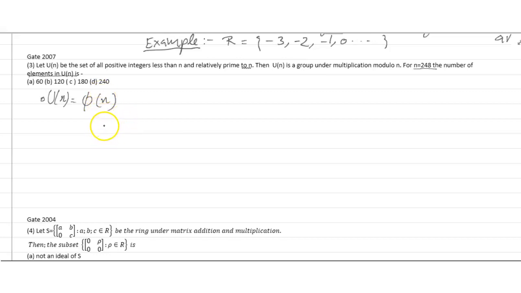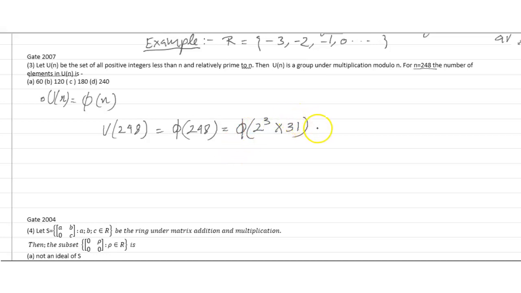And now U_248 has order φ(248), equals φ(2³ × 31).